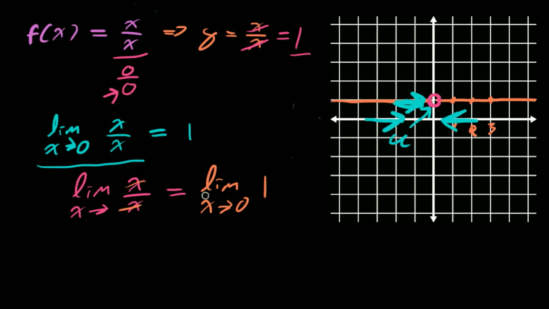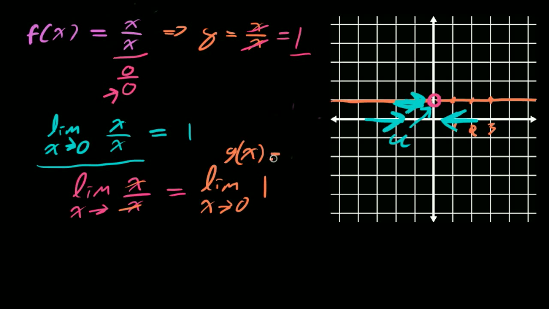So if we were going to say the limit as x approaches 0 of some constant, this is the equivalent of saying, actually I'm not going to call our function f of x because I don't want you to think that this is the same function. It's not. This is a simplified version of f of x, but let's call this g of x right here.